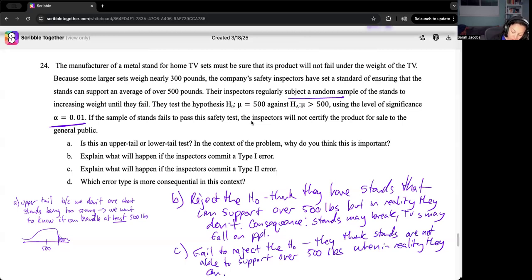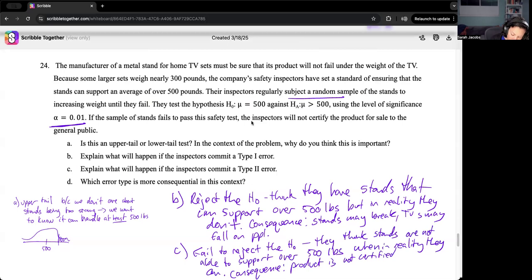So that's the description. The consequence of this is that the product is not certified when it could be. Right?